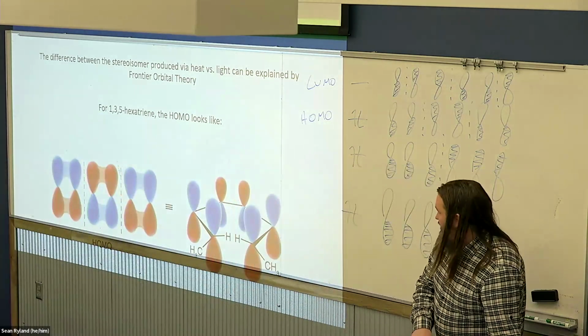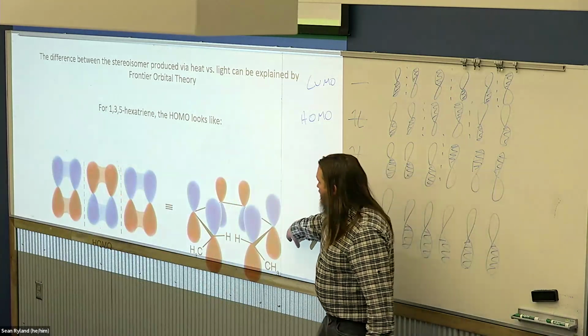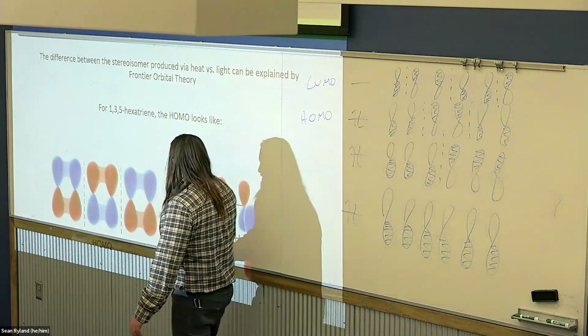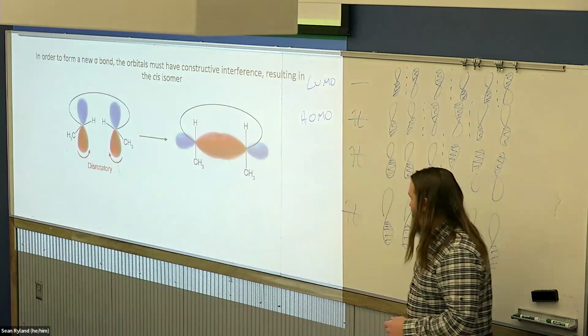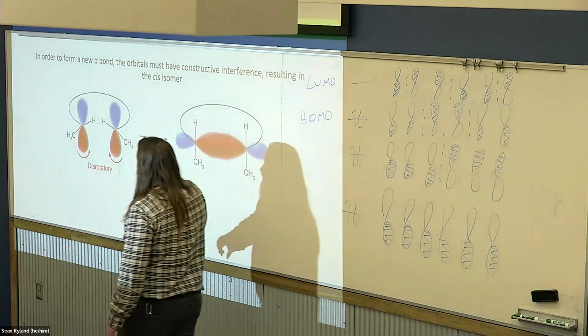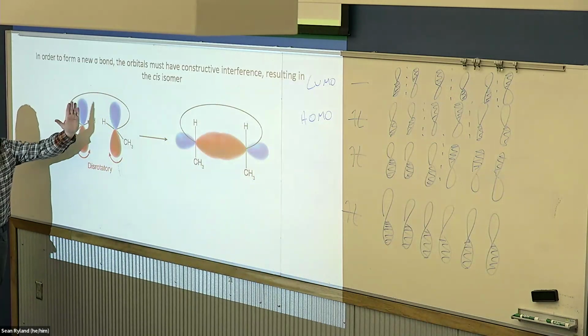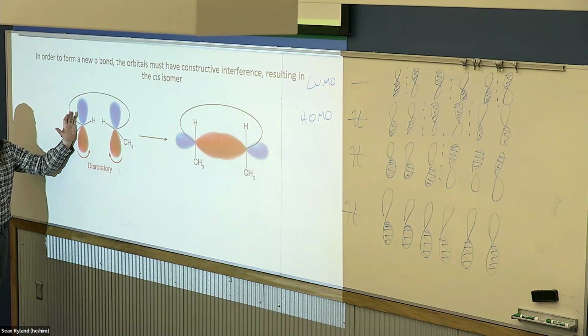All right, and so a lot of times this gets kind of complicated to draw every time. If you can see this, then the shorthand is a lot of times we'll say, well, it doesn't really matter what the rest of the orbitals look like in there. What matters is that they were in phase at the end. It matters which direction the blue was facing at the end.